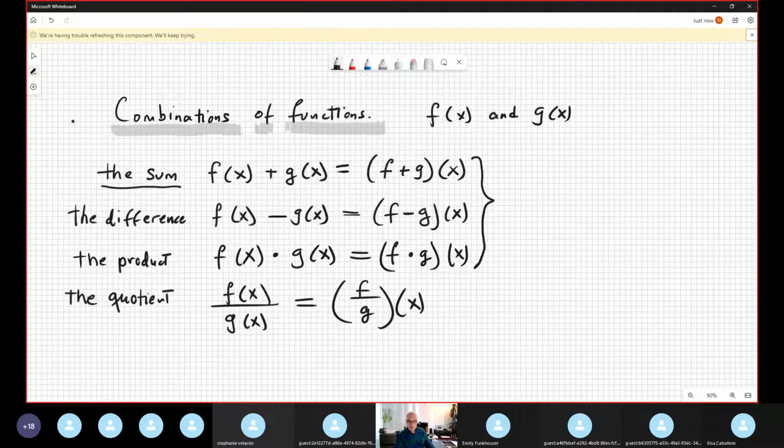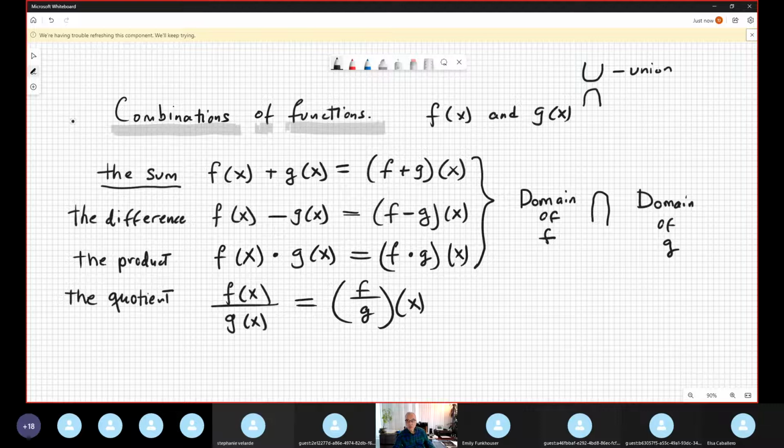for addition, subtraction, and multiplication, the domain of the function is the domain of f intersection domain of g. This symbol indicate, remember, this look like a U inverted. This is union, but this is not union, this is intersection.